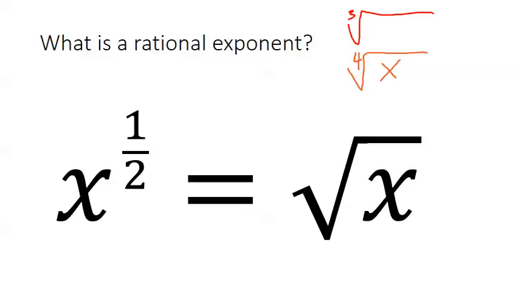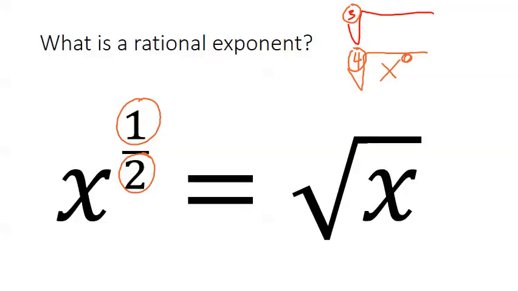So this number there and here is always going to be your denominator, okay? So typically when we do a square root, the denominator would be 2, and the numerator is 1, so you don't have to worry about this, okay? The top number is going to be the power of this letter, okay?